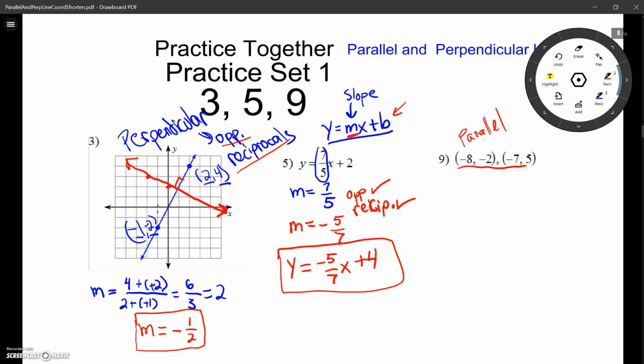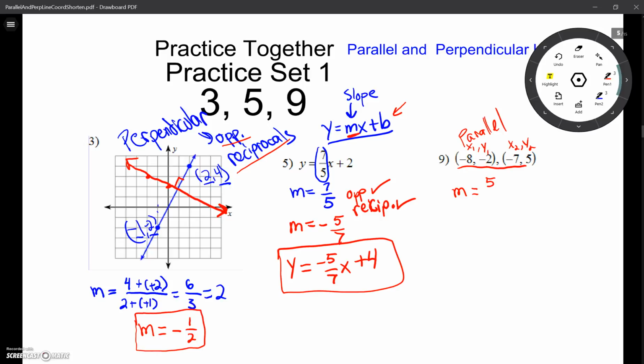To do that, you're going to want to find your change in y over change in x. Remember, we have two y values and two x values. The change in y is just going to be, it doesn't matter the order you pick, I always go with the positive number first if I have one.